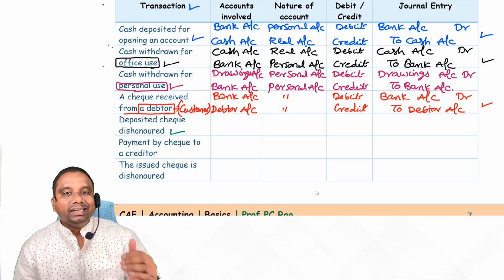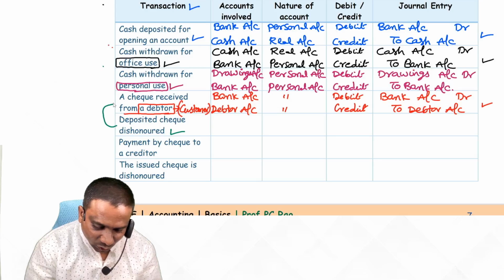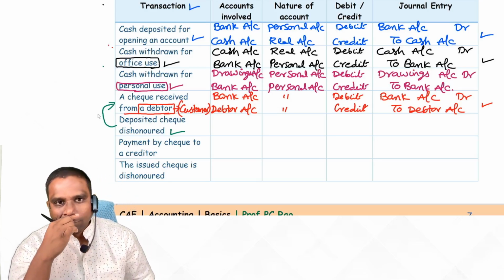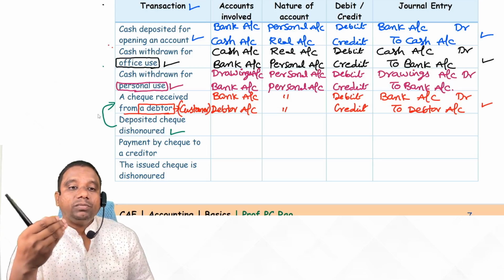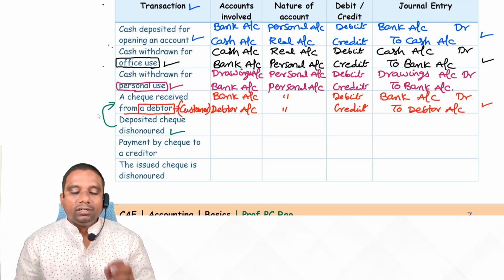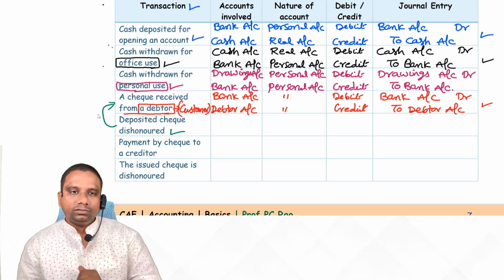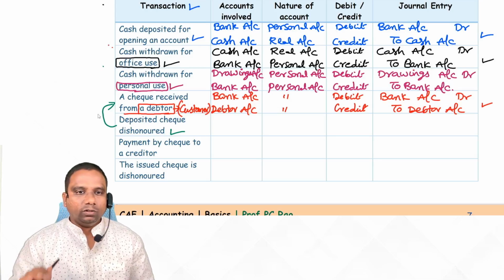Observe the next one. Deposited check dishonored. This transaction is related to the previous transaction. We deposited the check into the bank, and now the bank will collect the check first. If the check is honored, the bank collects the amount and it is deposited into our account.